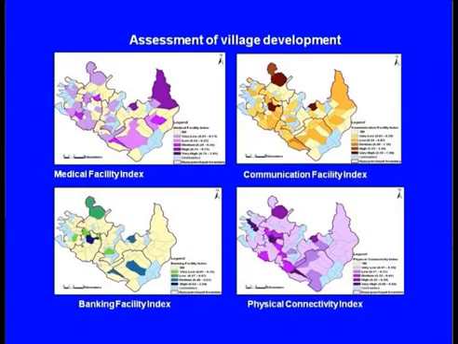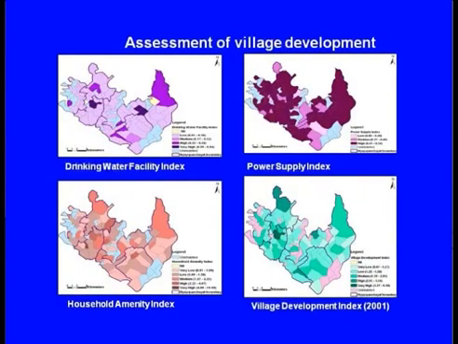Similarly, the medical facility index, communication facility index, banking facility index, physical connectivity index, drinking water facility index, power supply index, household amenity index and village development index have been computed.